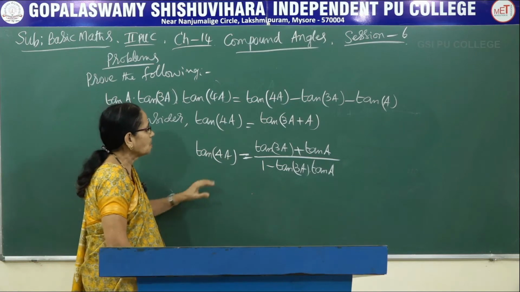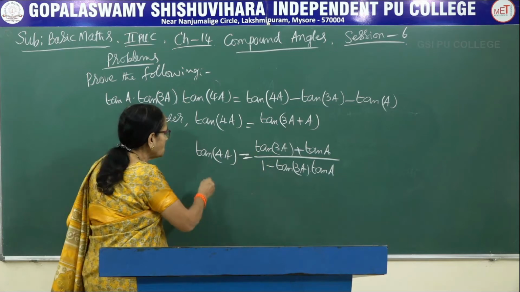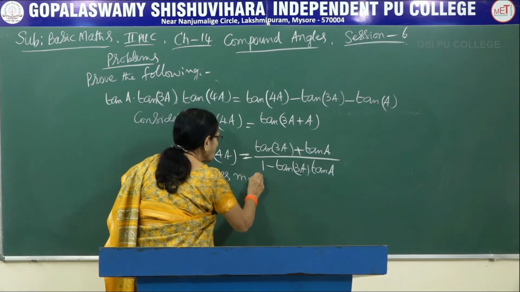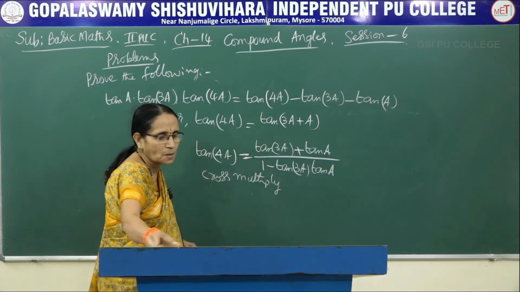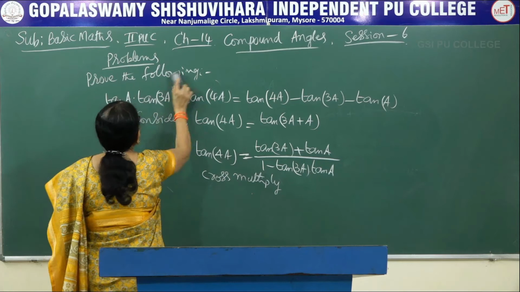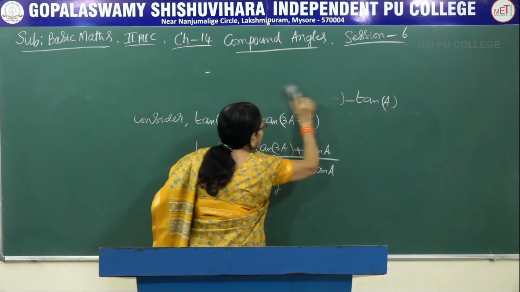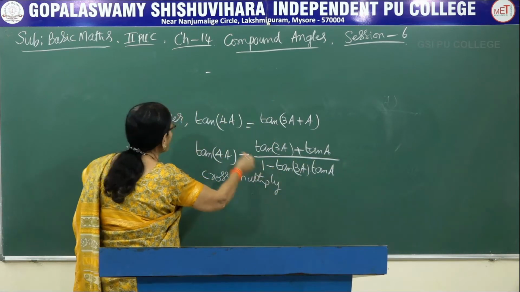Next step: there is a fraction on the right hand side, so let me cross multiply. Cross multiply means the left hand side, which has only one term, has to be multiplied by the denominator of the right hand side.